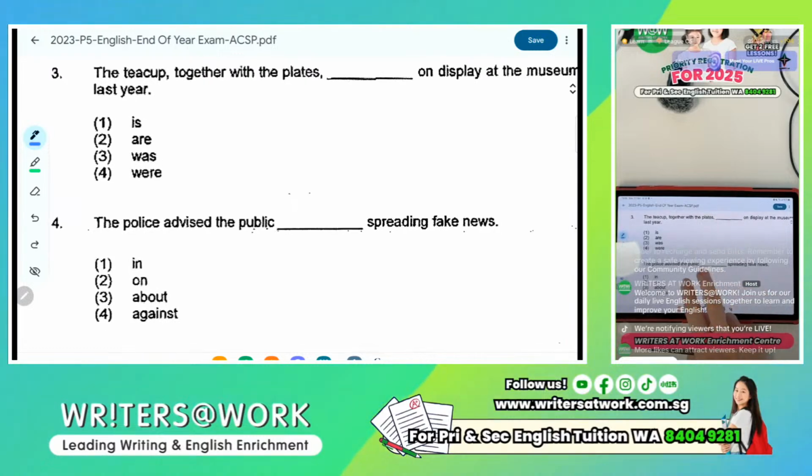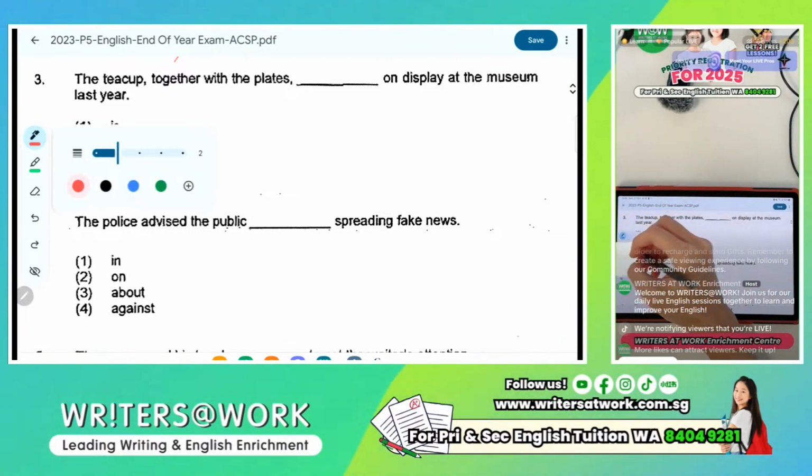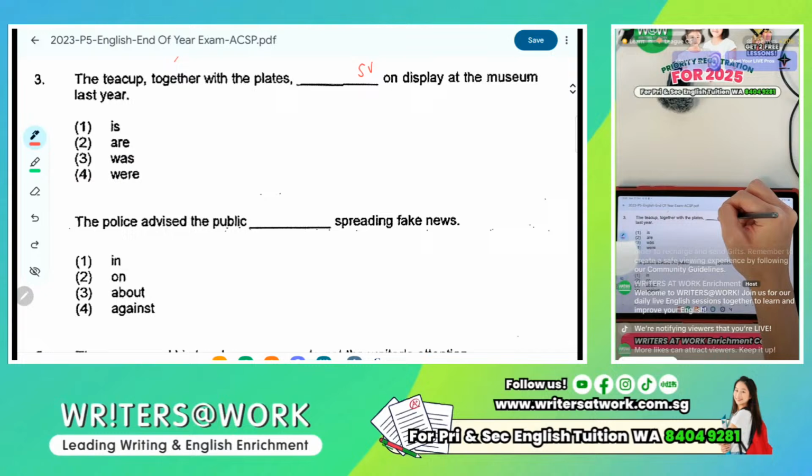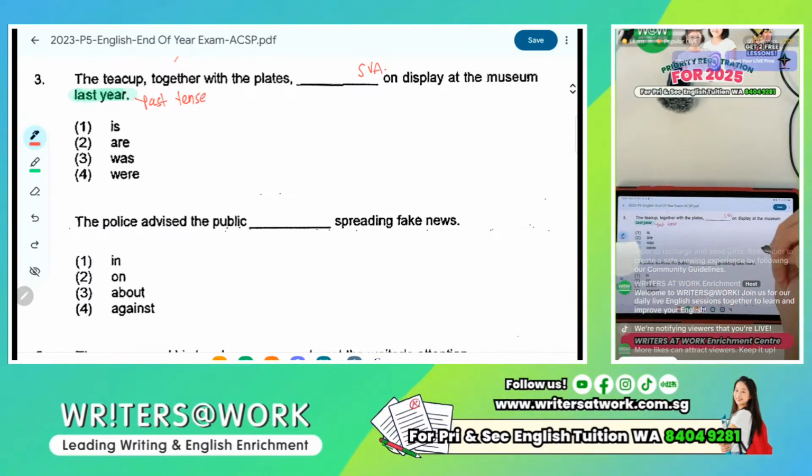Moving on, let's take a look at question 3. The teacup, together with the plates, dash on the museum last year. So we are looking at a subject-verb agreement question here. Looking at our keywords, last year, which means this is the past tense. The next keyword is teacup.